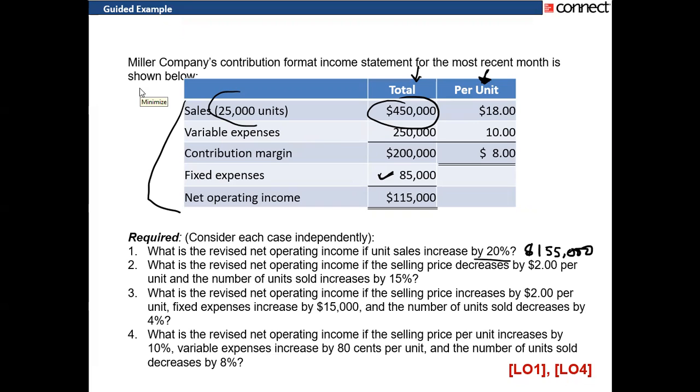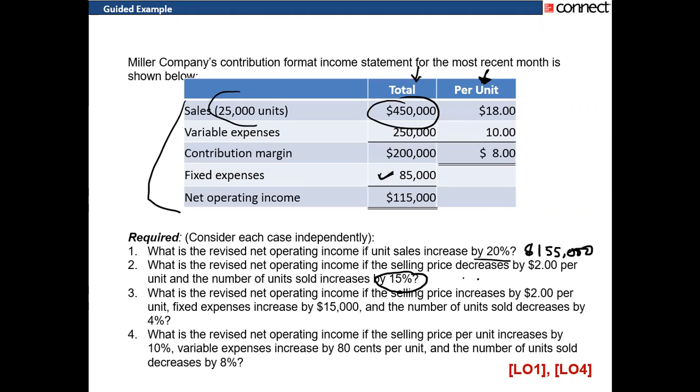Very good. Because you are dealing with changes of 2 variables. One is the selling price, another one is the number of units sold. Selling price decreases by $2 per unit and the number of units sold increases by 15%.